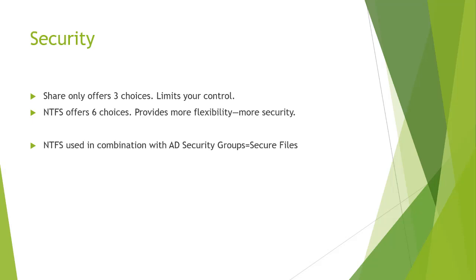In review, you'll see that, again, share only offers 3 choices, which limits your control. NTFS gives you 6, so you get more flexibility and tighter security. And when you use NTFS and point the permissions at security groups within Active Directory, you have much more secure files. The reason is, first off, the NTFS permissions are very granular.